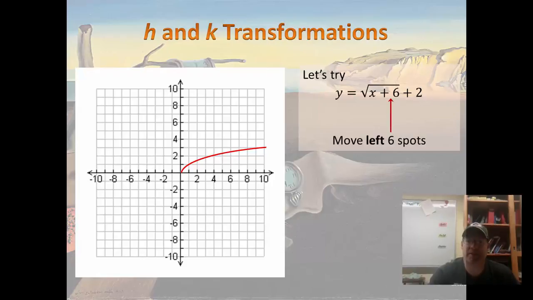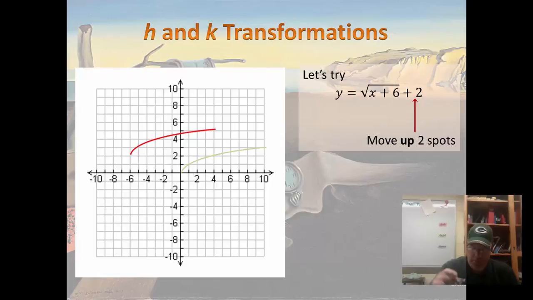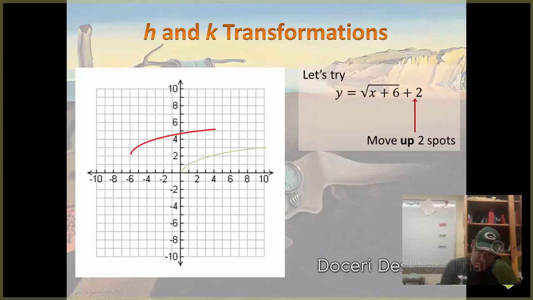That's that plus 6. It means we need to move the graph left 6 spots. Then we have that plus 2. That means the graph moves up 2 spots. And that is your final graph.